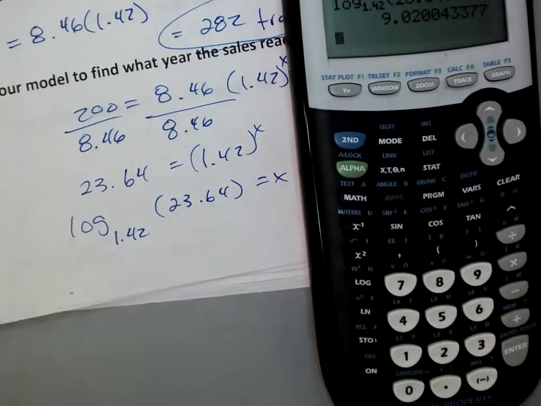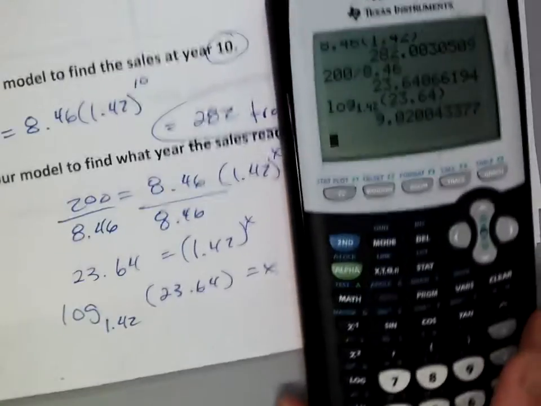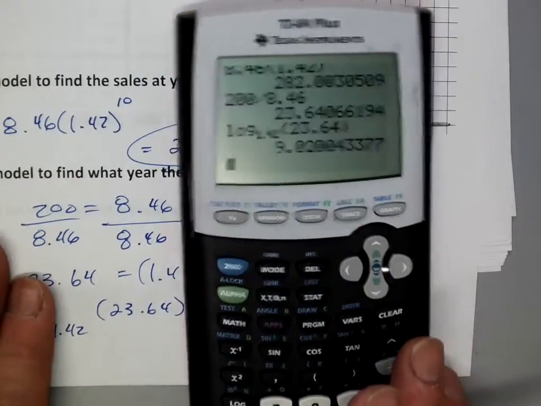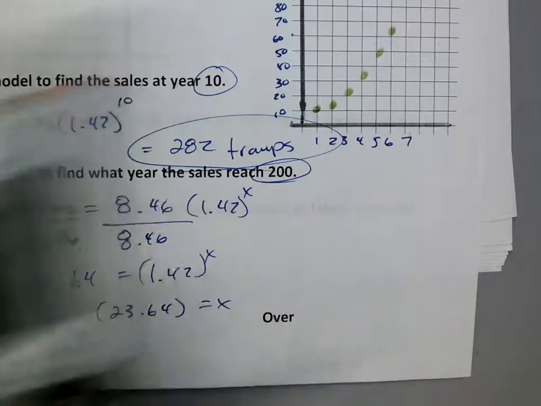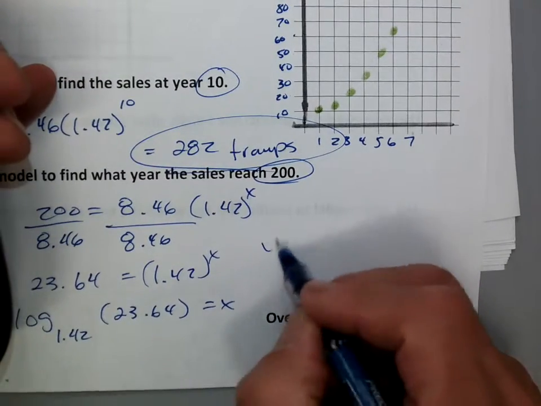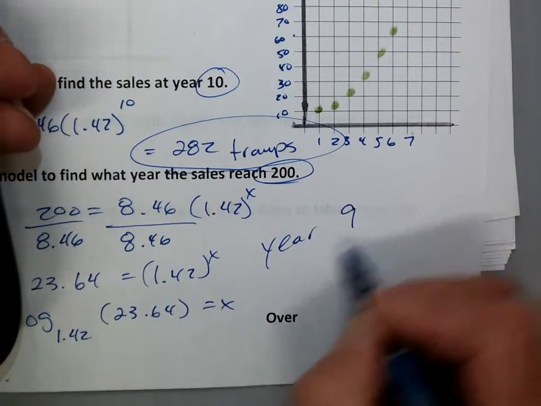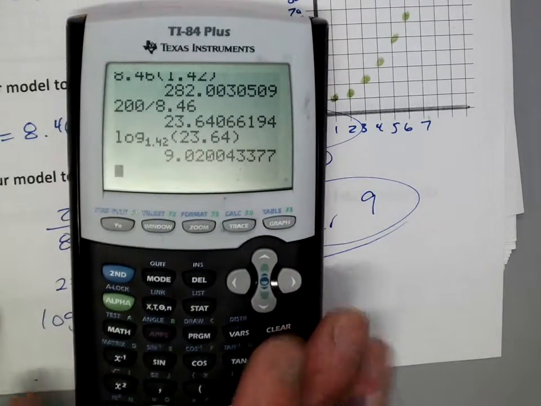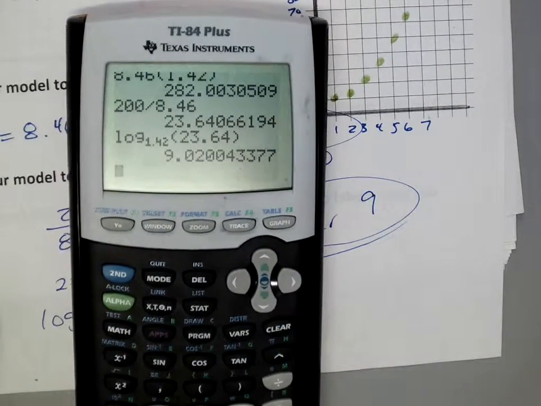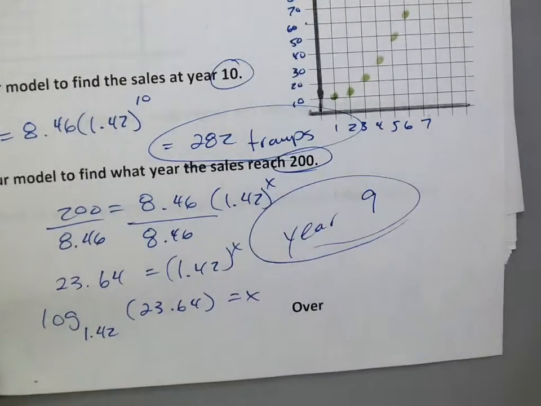I get an answer of about 9. Yeah, I got about 9.02, or about 9 years. Okay, about year 9. Does that seem pretty easy? Logarithms aren't hard. In fact, they're a lot easier than some of the other stuff we've done. Okay. All right, you ready to turn the page?